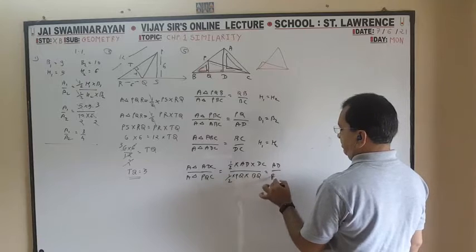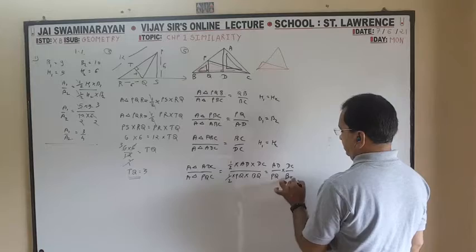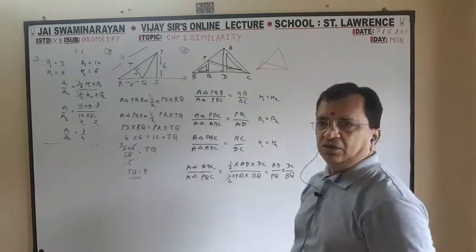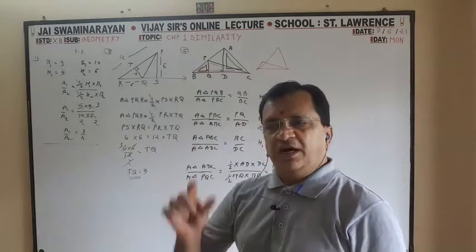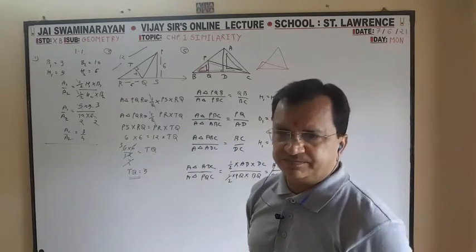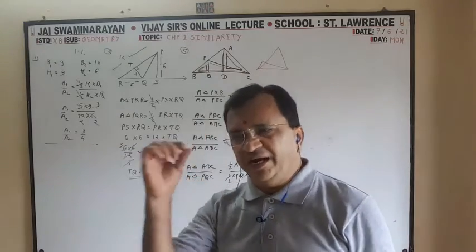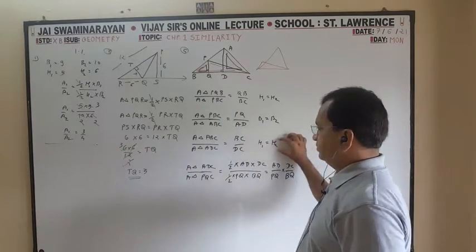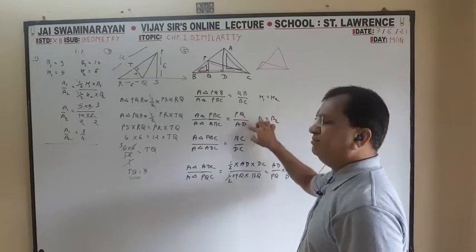So AD divided by PQ, DC divided by. So when nothing is equal, nothing is common, height into base divided by height into base. When height is equal, you have to write base 1 by base 2. When bases are equal, height 1 by height 2.